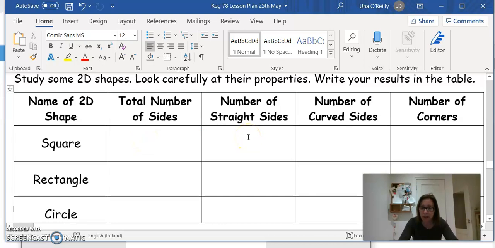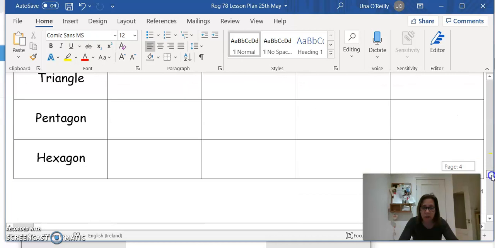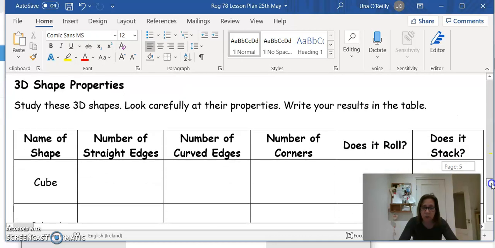Now, if you had a circle, you don't have straight sides in a circle. The number of curved sides, none in a square, and the number of corners in a square, you're going to have 4. So have a go at that, and then move on to the 3D shapes.